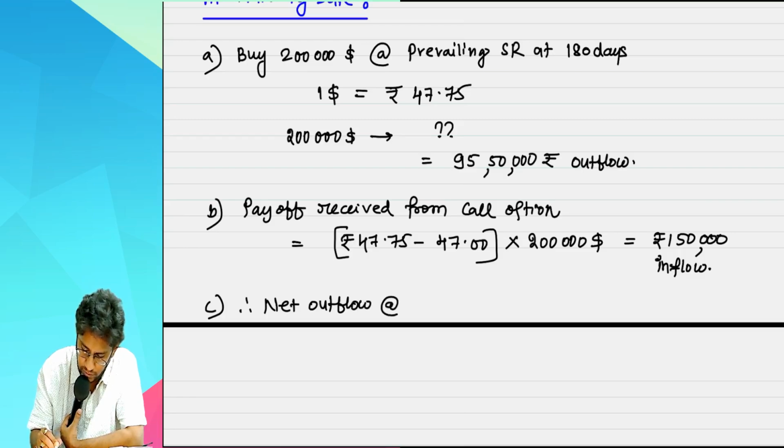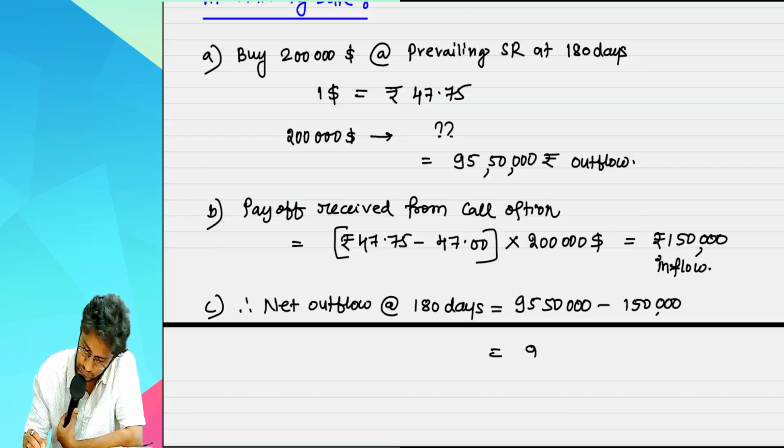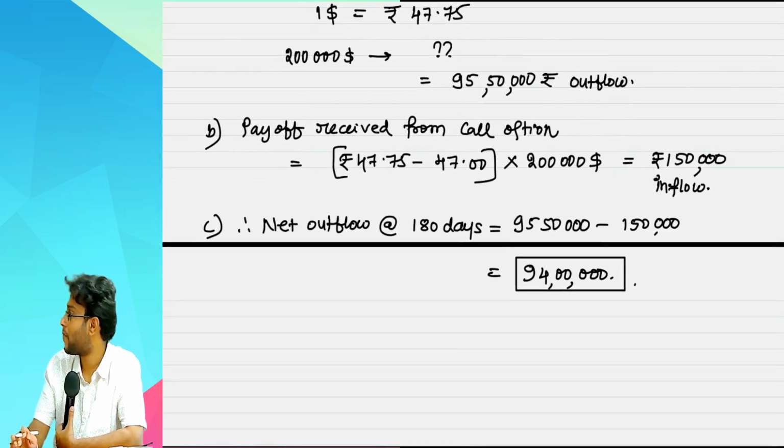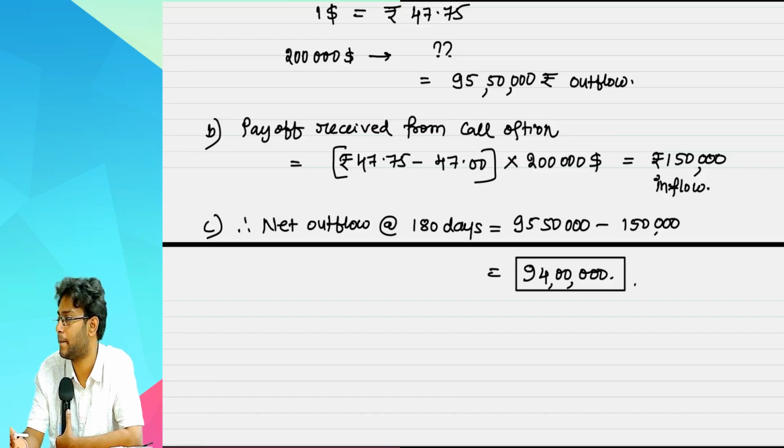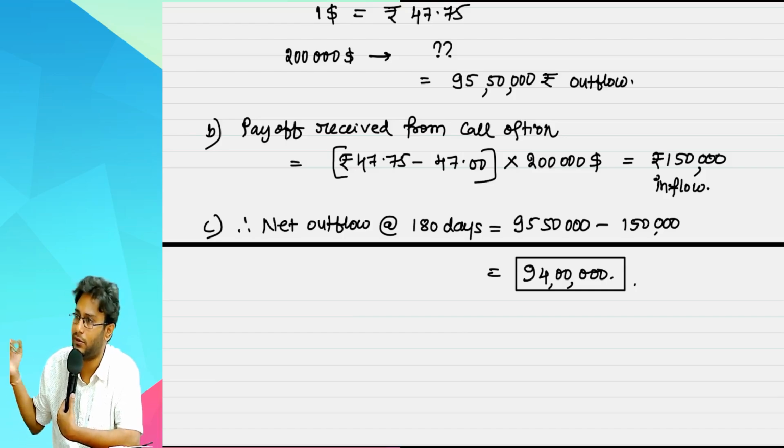Net outflow at 180 days is equal to 9550 minus 150, 94 lakhs. If you carefully observe, 94 lakhs is nothing but strike price. Correct? $2 lakh into 47 rupees is nothing but your 94 lakhs.